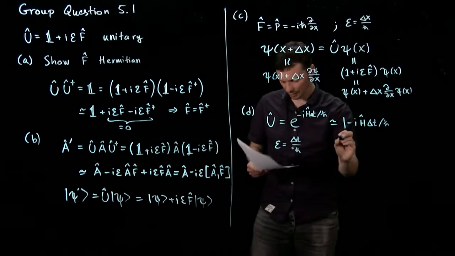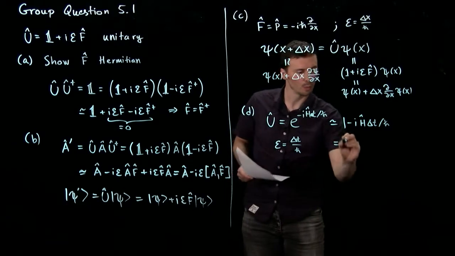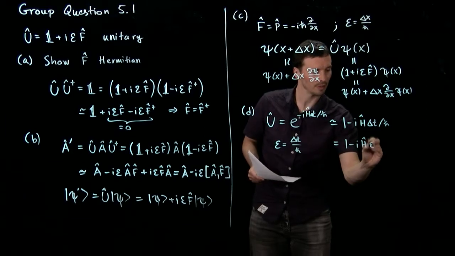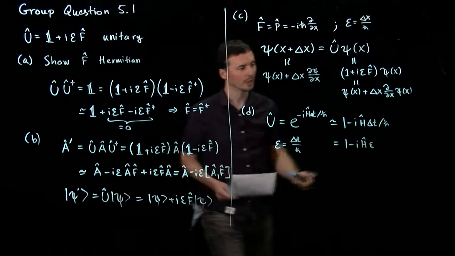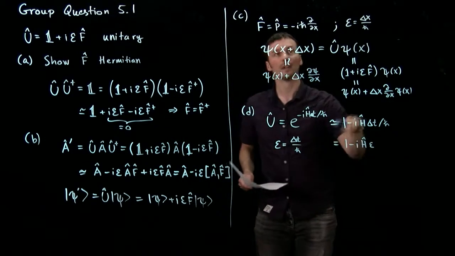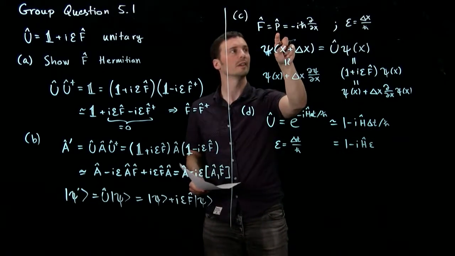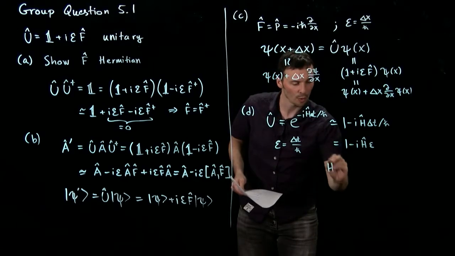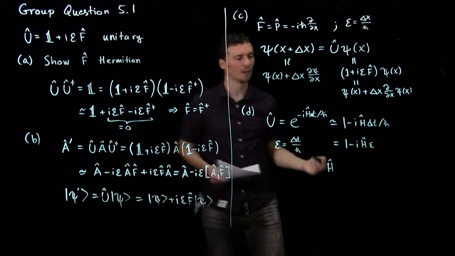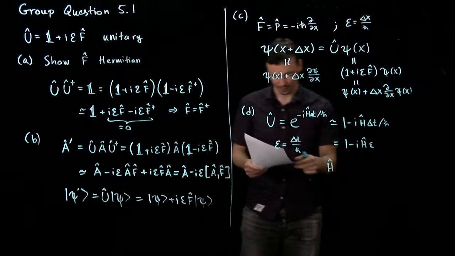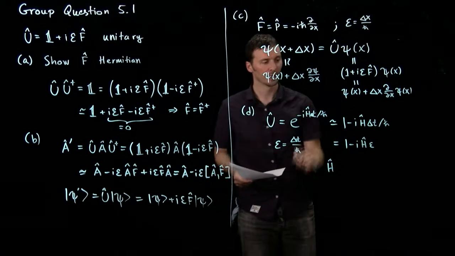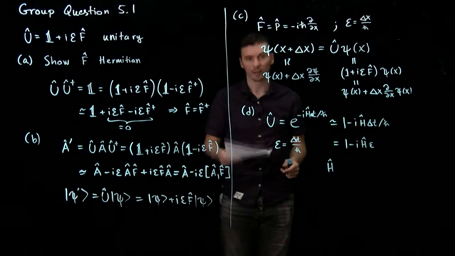In other words, this here is equal to 1 minus iH times epsilon. So in other words, just like the momentum operator is a generator of spatial translations, the Hamiltonian is the generator of translations in time. Okay? So I think that concludes that problem.